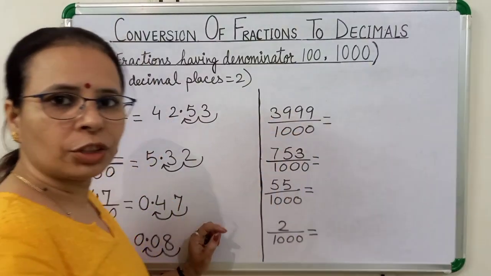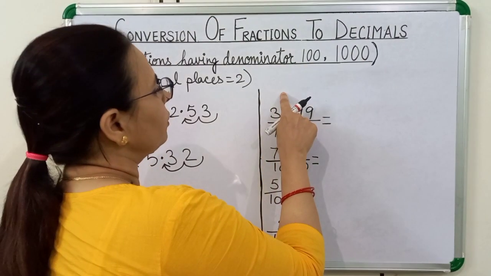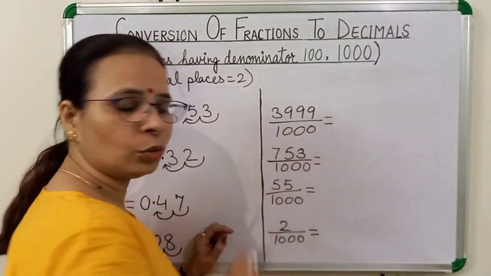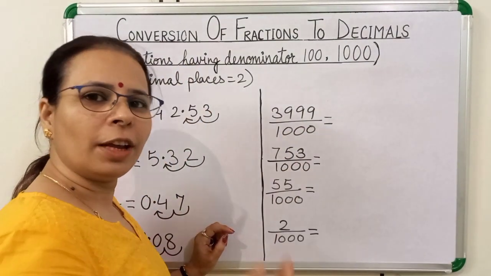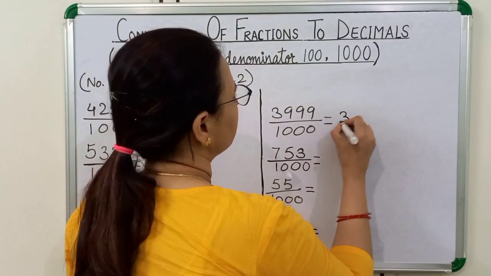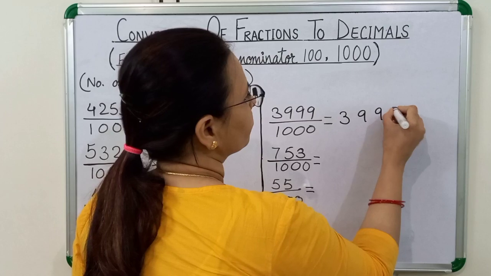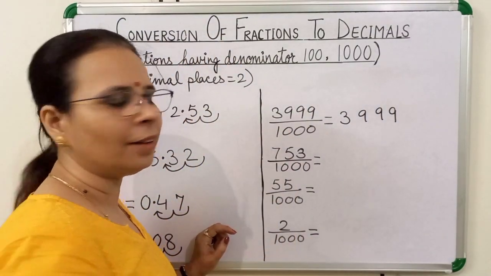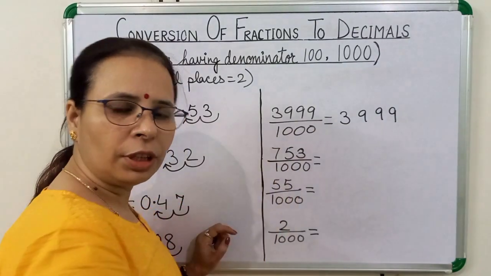Now we will see examples of those fractions whose denominators are 1000. In the first fraction, 3999 is numerator and 1000 is denominator. In the first step, we will write numerator as it is. Then we will see how many zeros are there in denominator. 3 zeros.